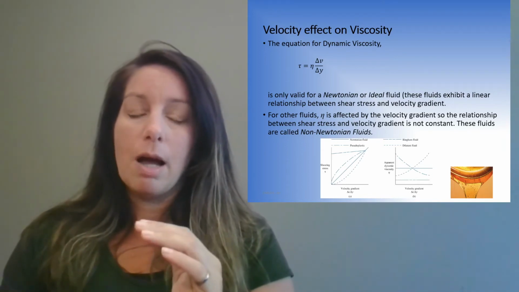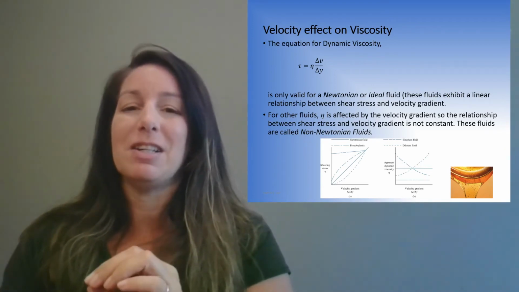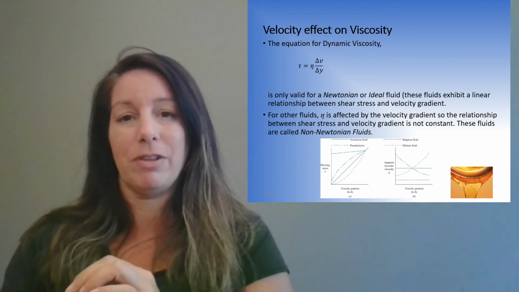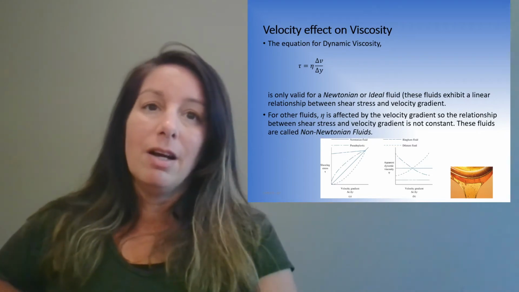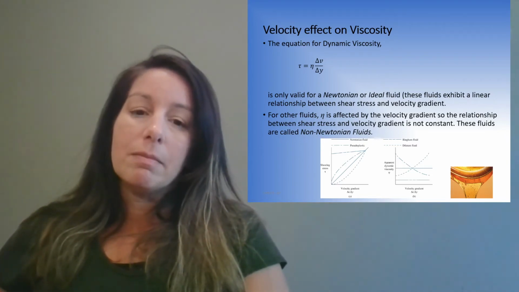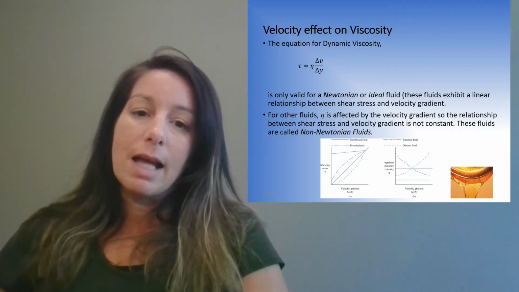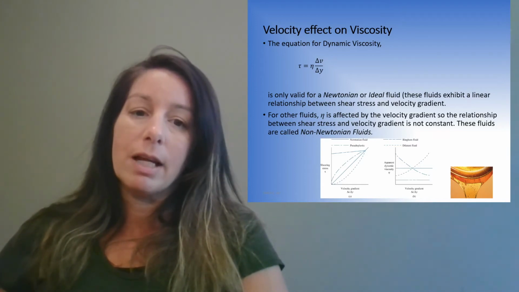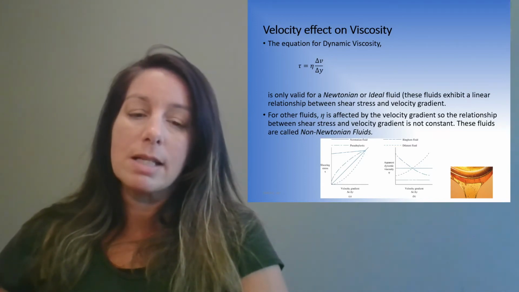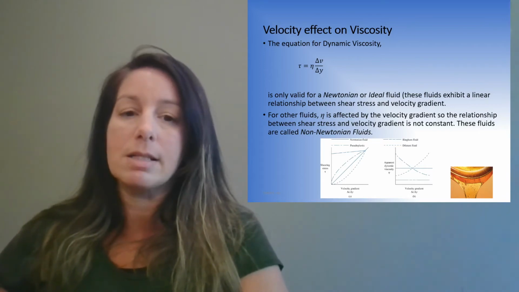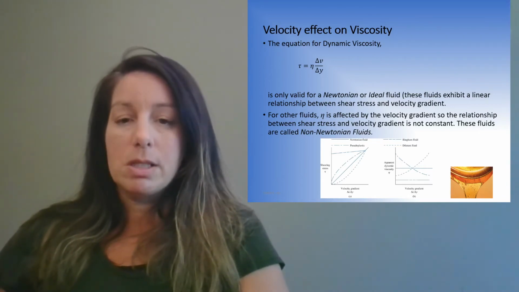So remember, I sort of teased you with Newtonian and non-Newtonian fluids. This is what we're getting at. For other fluids, eta, the stylized n, is affected by the velocity gradient. So the relationship between shear stress and the velocity gradient is not consistent. These fluids are called non-Newtonian.